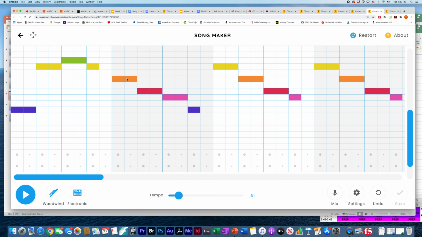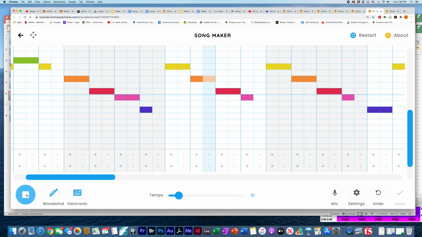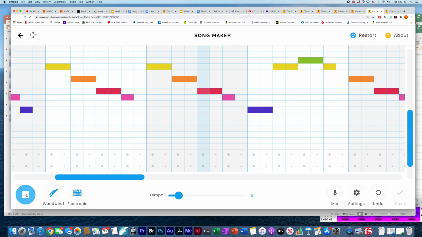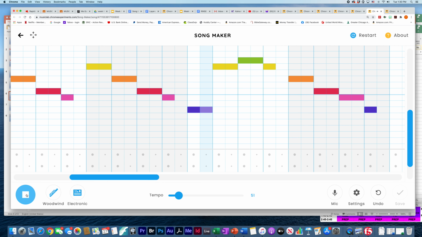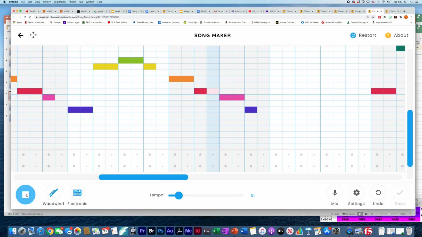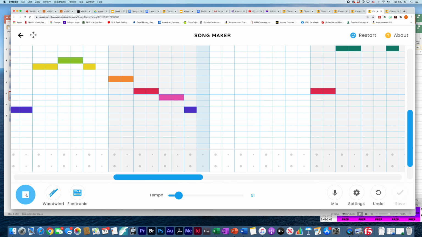Okay, so what I did here is I took a familiar melody and I changed the scale. Instead of a major scale, I made a minor scale. This is Twinkle Twinkle in the minor scale. Okay, changes the character, doesn't it?